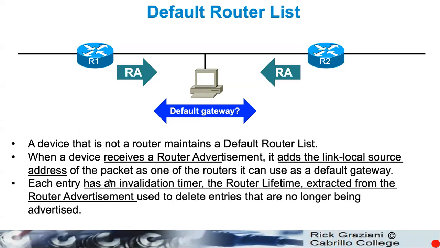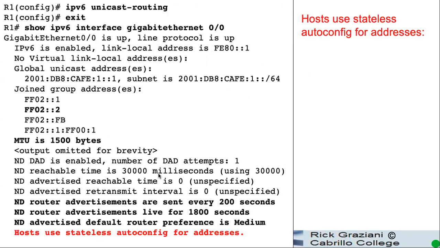And remember the router lifetime will be 1800 seconds by default, and be refreshed every 200 seconds. There's also an invalidation timer, which is a way to actually delete the router advertisement. We'll talk about that a little later.